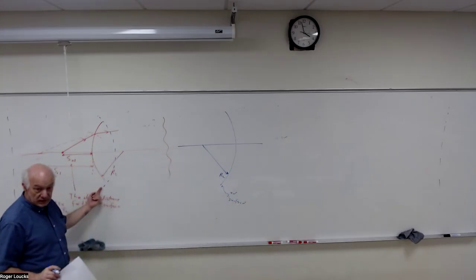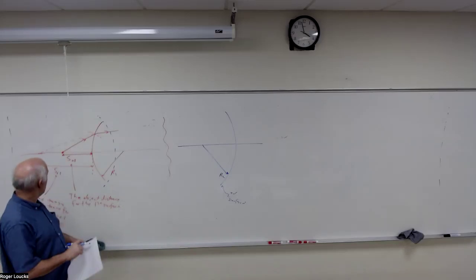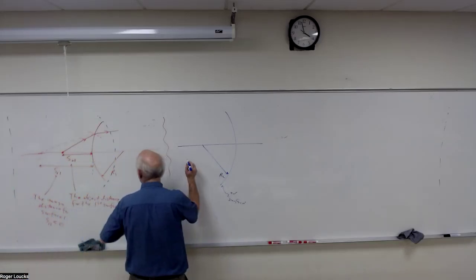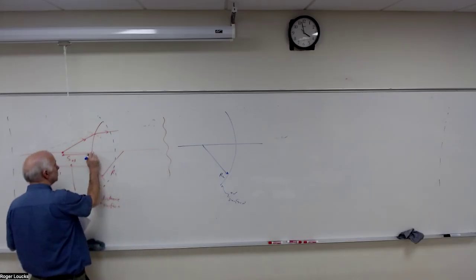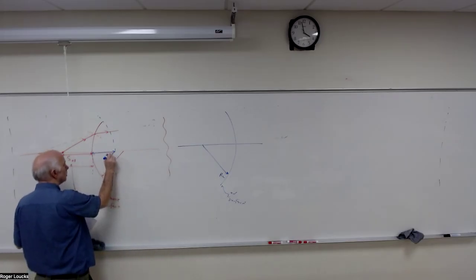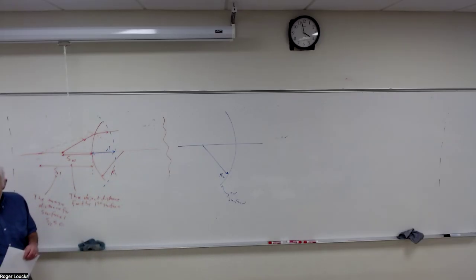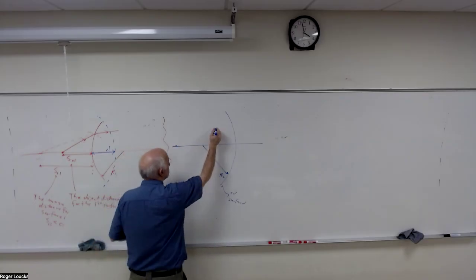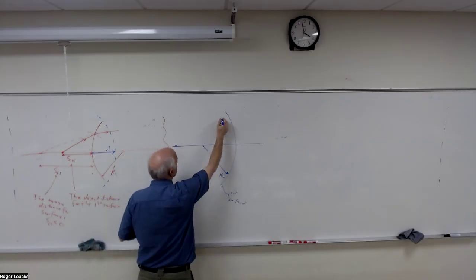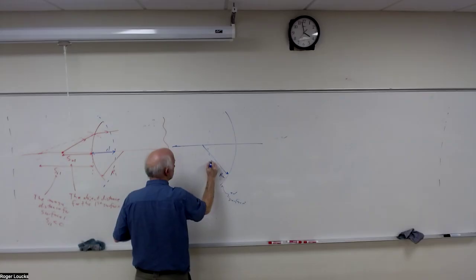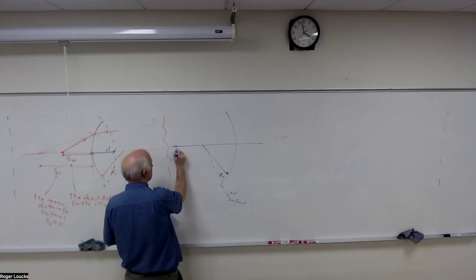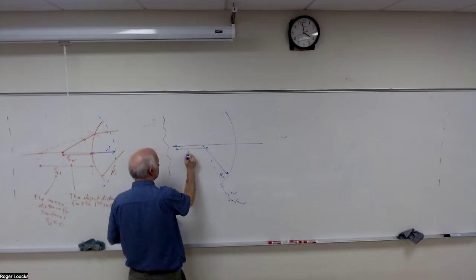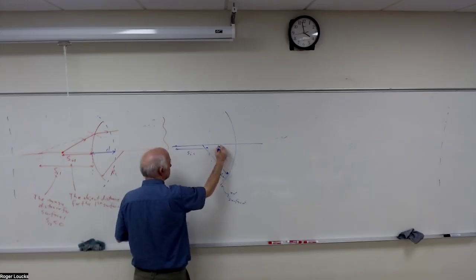Really, it should be here, but I'm just drawing it over here. And this distance here, that's D. And from here to there, this is my SI1, and this is my D.